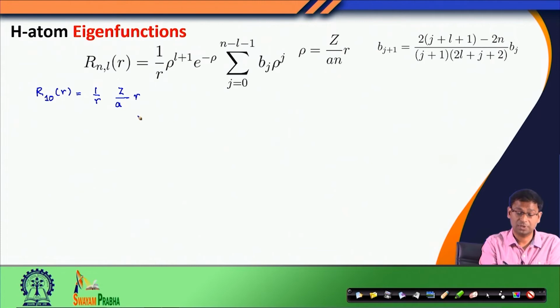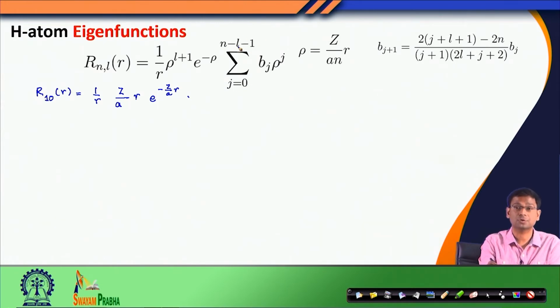So, this is simply this quantity, e to the power minus rho, and then I have a sum. How many terms would I have in this summation? J goes from 0 to n minus L minus 1. n is 1, L is 0, and therefore, n minus L minus 1 is 0.